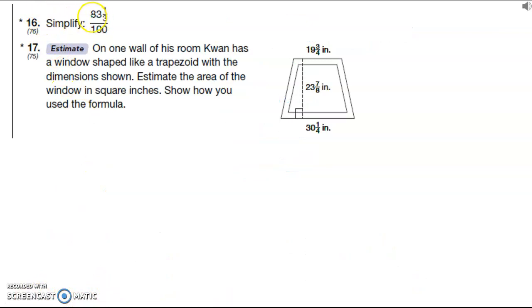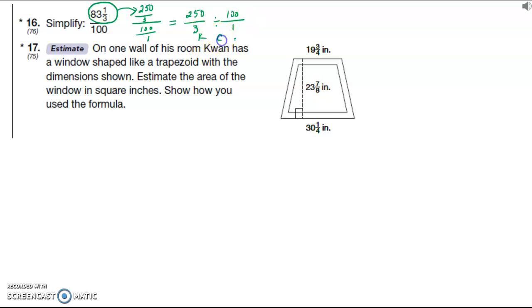Okay. This one we've worked these types out before. You're welcome to pause and see if you can't get this one on your own. We're going to popcorn this. So this is 3 times 83 plus 1 is 250 divided by 3 divided by 100. So this is 250 over 3 divided by 100.